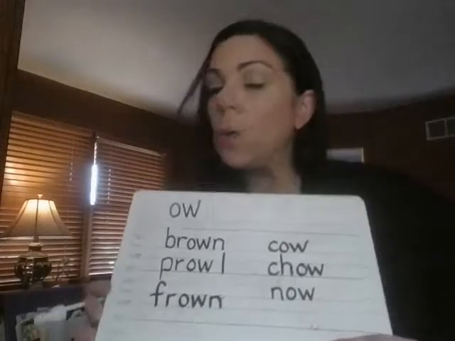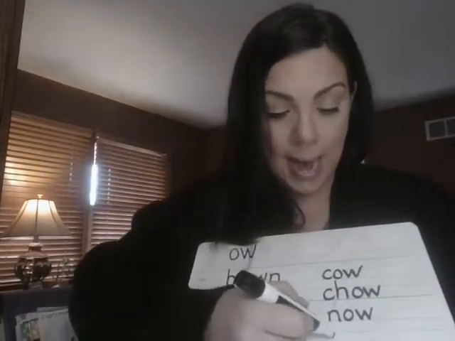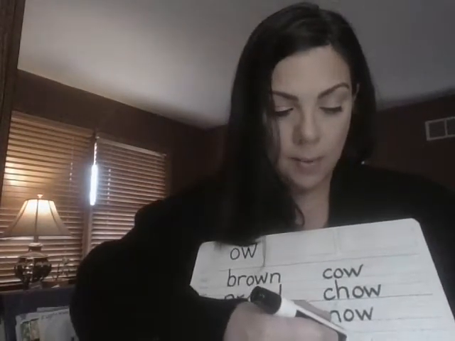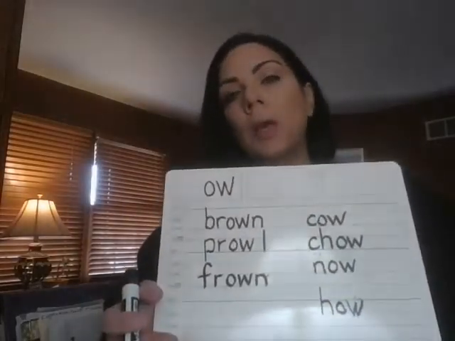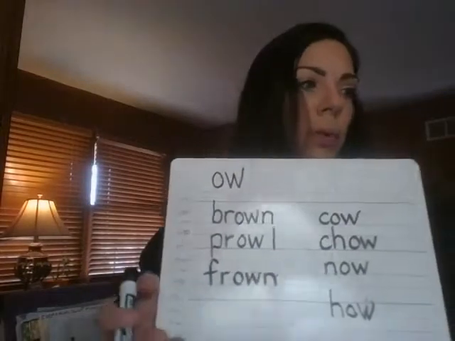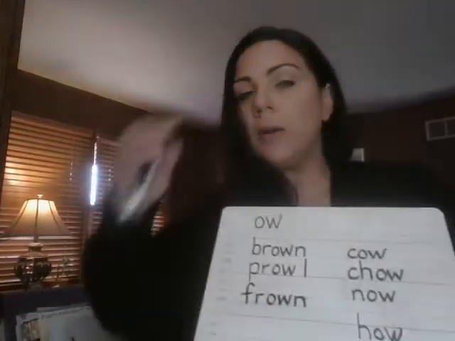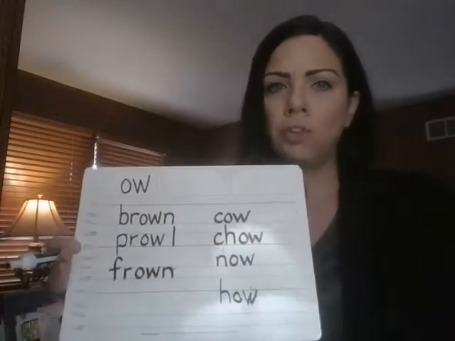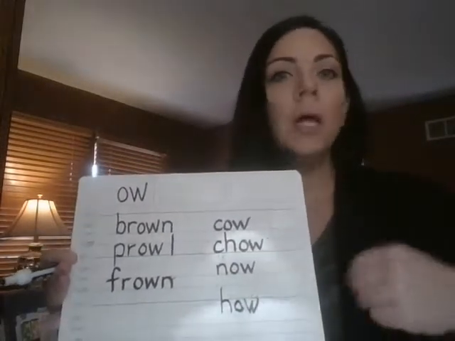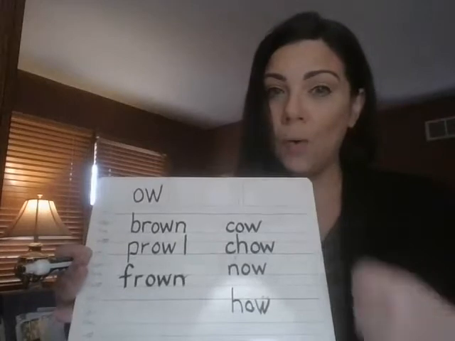Okay. Now, there's other words like how, right? We know that. So there's a lot of words that we really just have to try. And if we're reading and I come to this word and I say cho, do I know that word? No, but chow, I know.